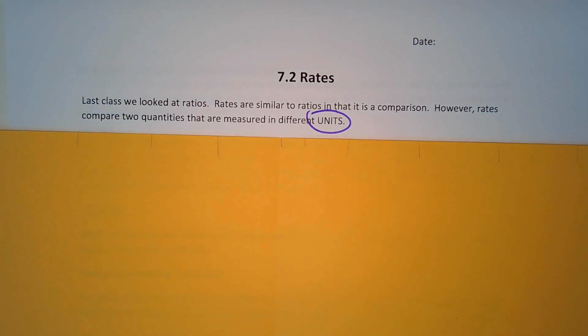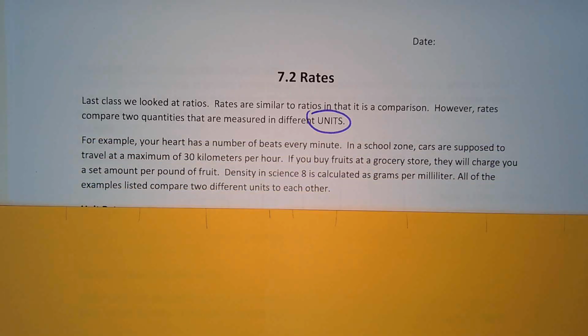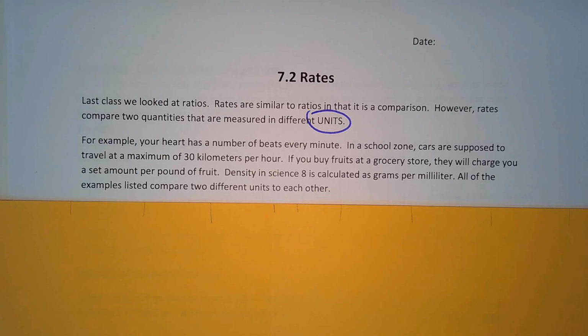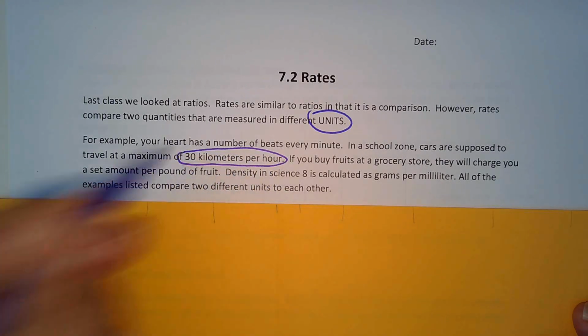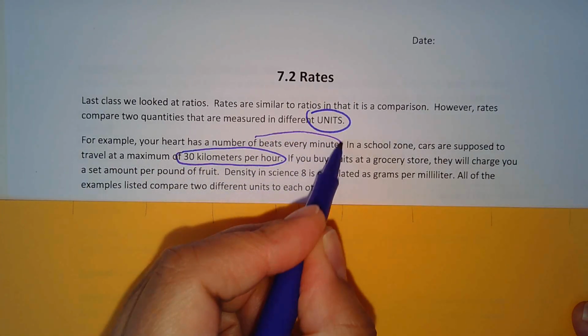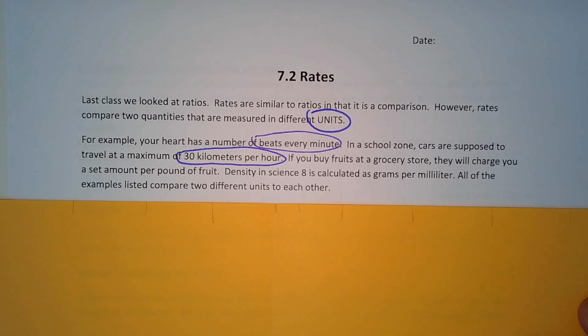Okay, so I'll go through some examples of rates. For example, your heart rate, you can measure your heart rate as a number of beats per minute. If you're driving, for example, in a school zone, cars have a speed limit of 30 kilometers per hour. So there's another example of a rate. So beats per minute, kilometers per hour.